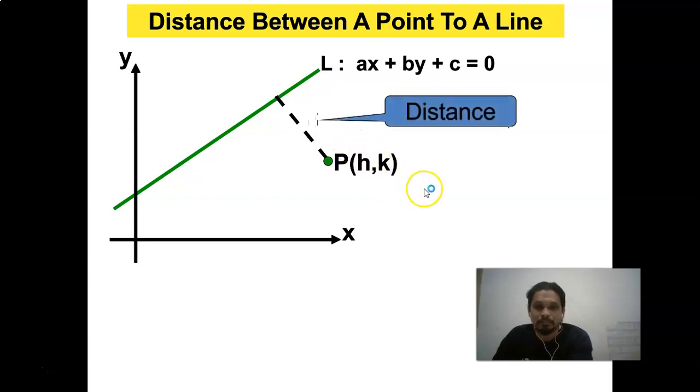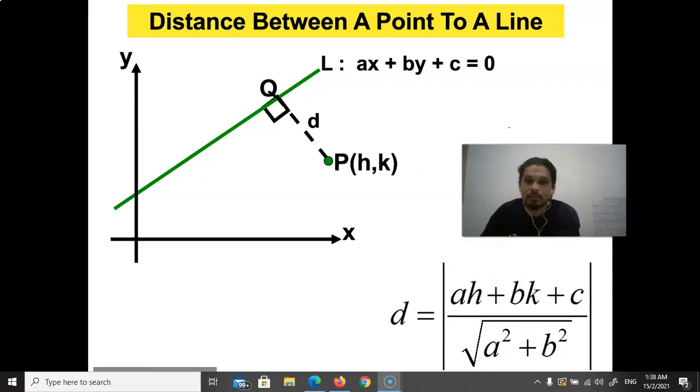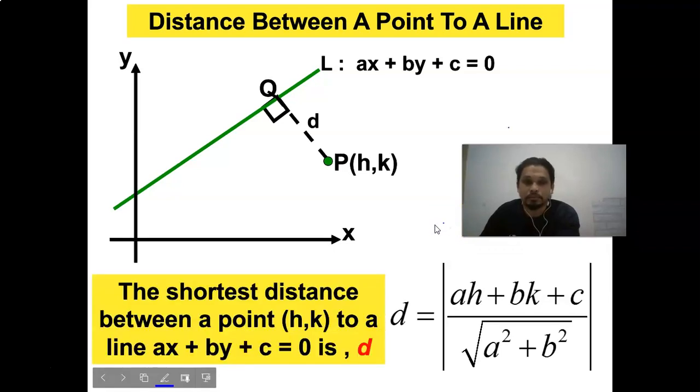So the distance, equal to D, is according to the formula here. Make sure the straight line is in the form ax plus by plus c equals 0. If the question gives you the form y equals mx plus c, change everything into this form, where x and y are on the same side, equal to 0.